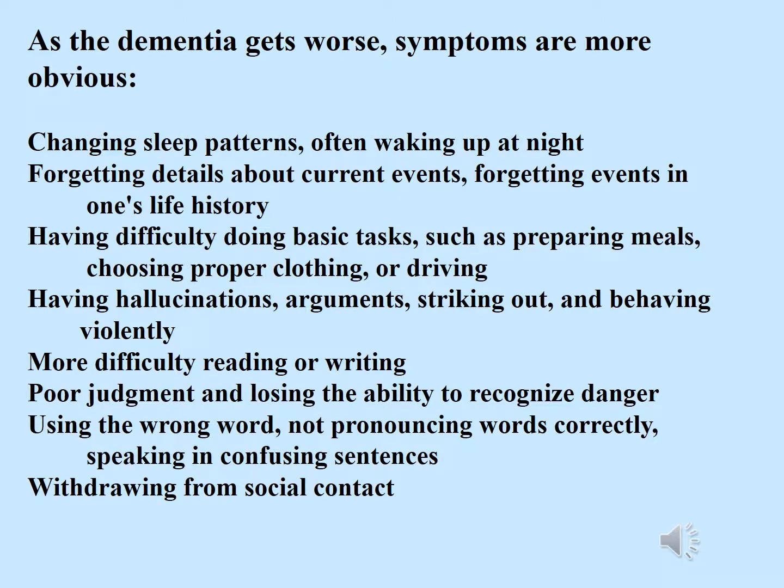Changing sleep patterns, often waking up at night, forgetting details about current events, forgetting events in one's life history, having difficulty doing basic tasks, such as preparing meals, choosing proper clothing or driving, having hallucinations, arguments, striking out, and behaving violently, more difficulty reading or writing, poor judgment and losing the ability to recognize danger, using the wrong word, not pronouncing words correctly, speaking in confusing sentences, withdrawing from social contact.